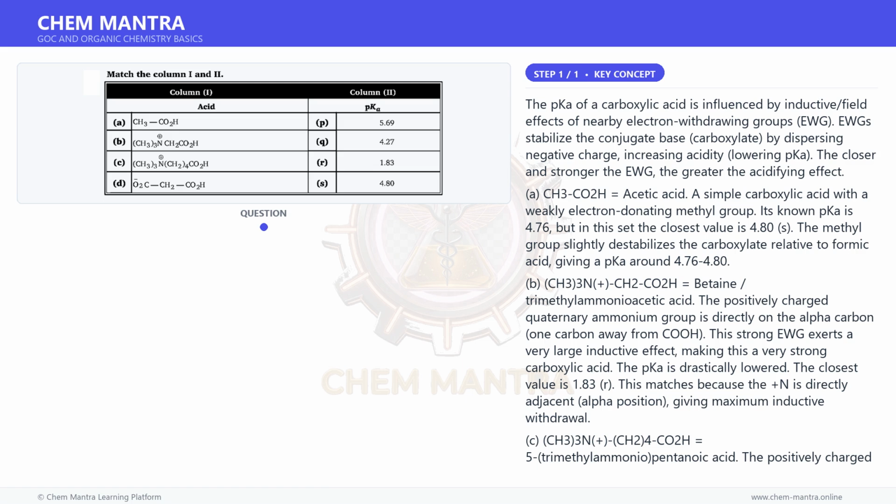D. -O2CCH2CO2H is equal to hydrogen malonate, malonic acid monoanion, second dissociation of malonic acid, or the acid form of the monoanion. The O2C group is a carboxylate anion, negatively charged, on the other end.